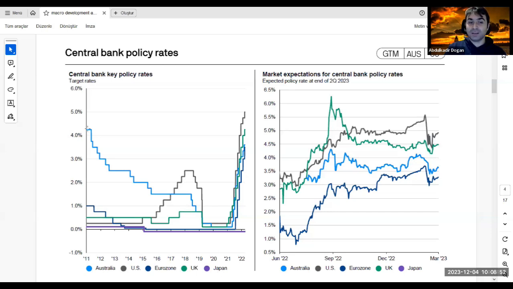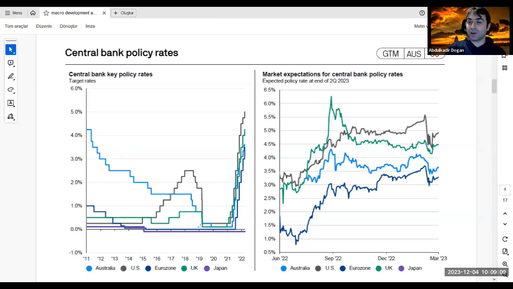And as you see, the highest one around 2011 is the Australian targeting rate. It's around 4.5%, and until the COVID period, it converged around 1%.